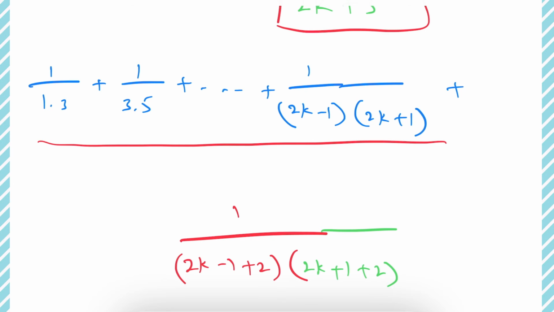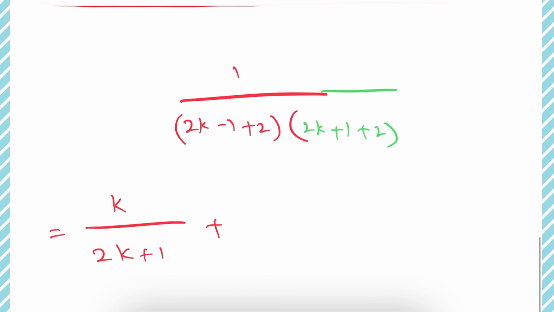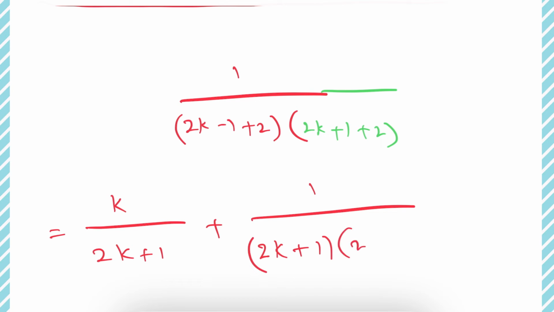So this equals k divided by 2k plus 1 plus, now this newly written term I will write as it is: 1 by 2k minus 1 plus 2, into 2k plus 1 plus 2, that is 2k plus 3.